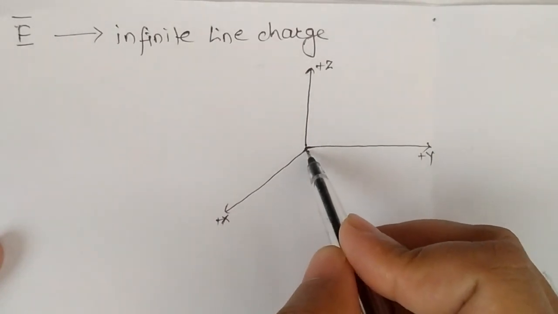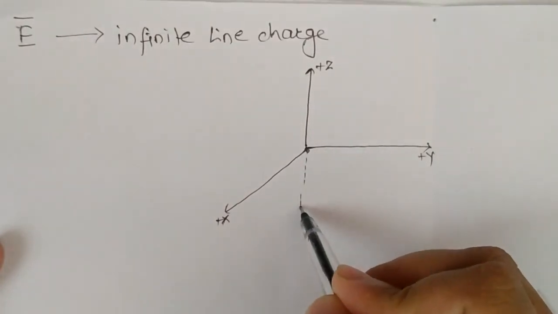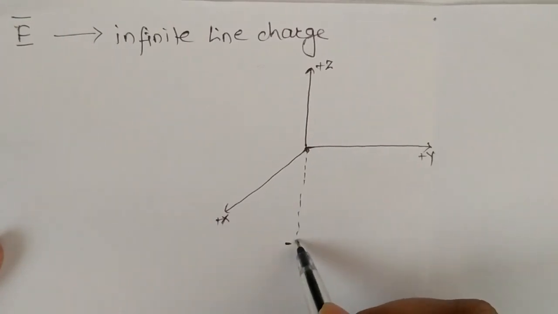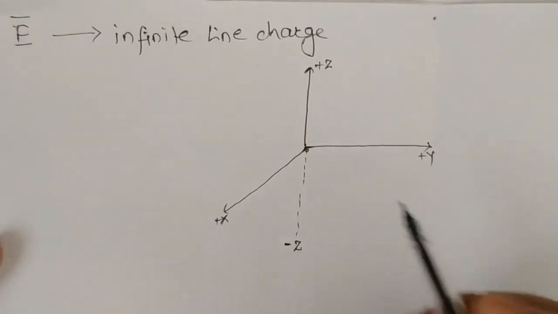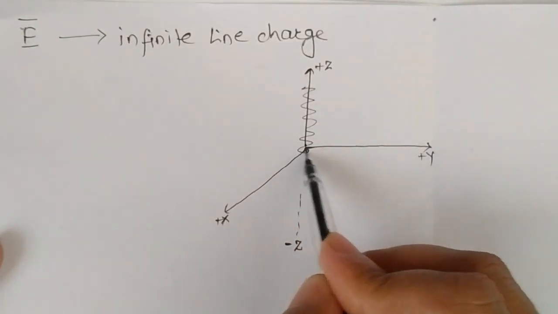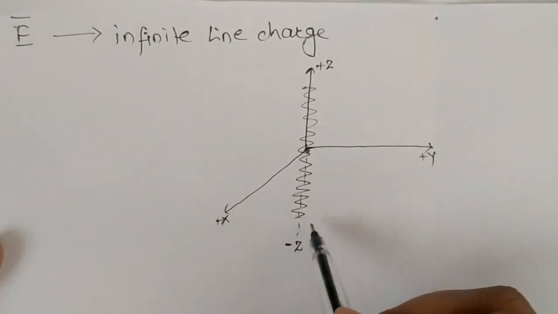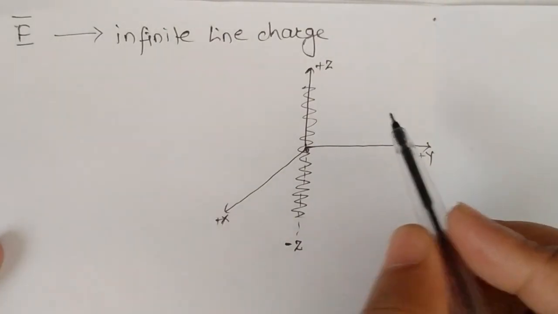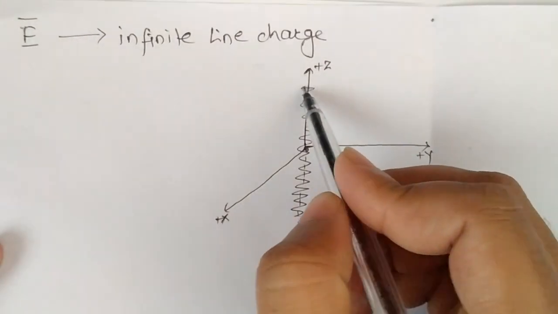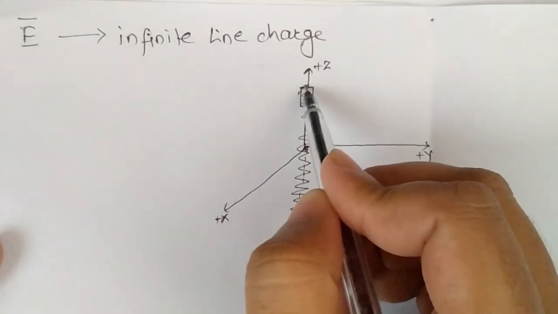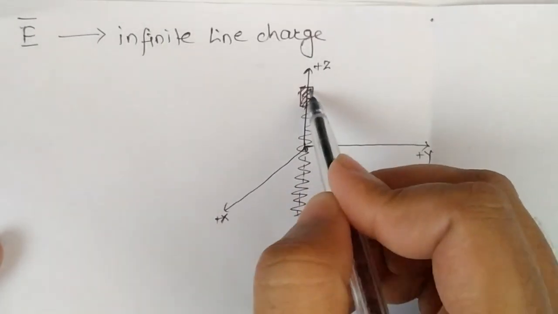So I am extending this z-axis along the negative direction, and along this z-axis I am placing an infinite length of conductor which carries a charge. Now I am considering only the positive part of the conductor for the calculation.